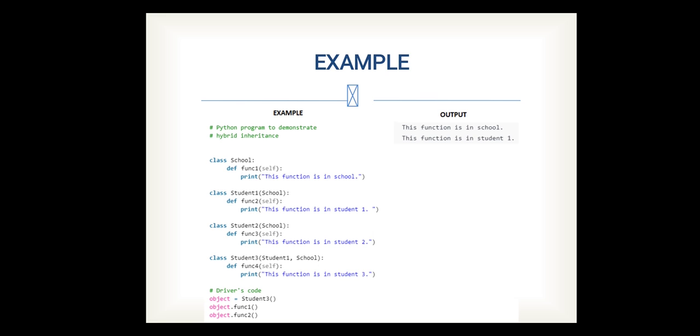When we create an object of the student 3 class and access the methods function 1 and function 2, it first prints the statement of method 1, that this function belongs to a school, and afterward it prints method 2, which belongs to the student 1 class: this function belongs to student 1 class.